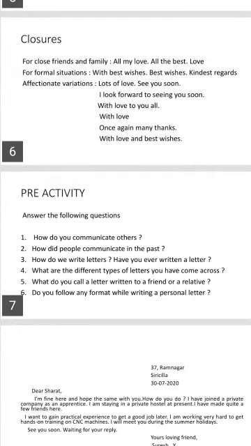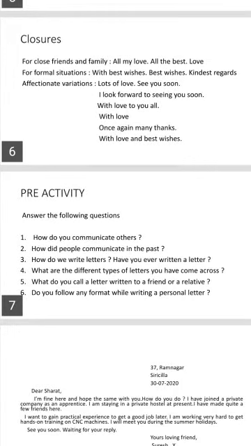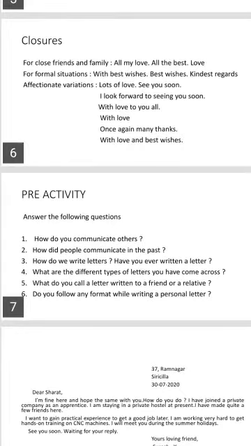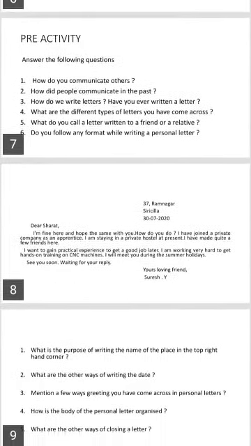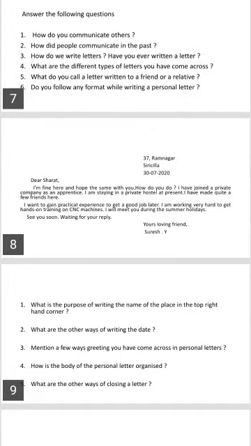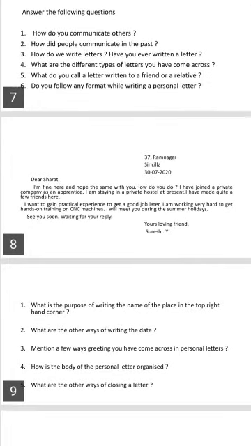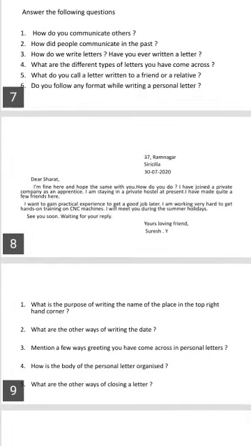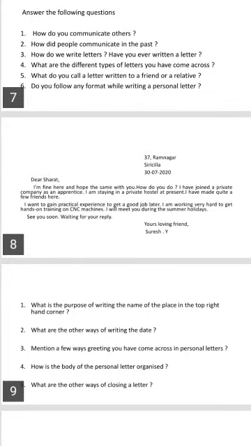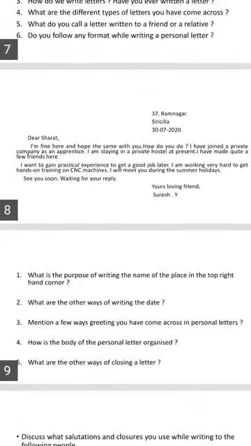In this pre-activity there are 6 questions and we answered these questions. Then we have a model letter. In that model letter we have heading, place, date, salutation, body of the letter, subscription, and the format and the language to be used we discussed here.